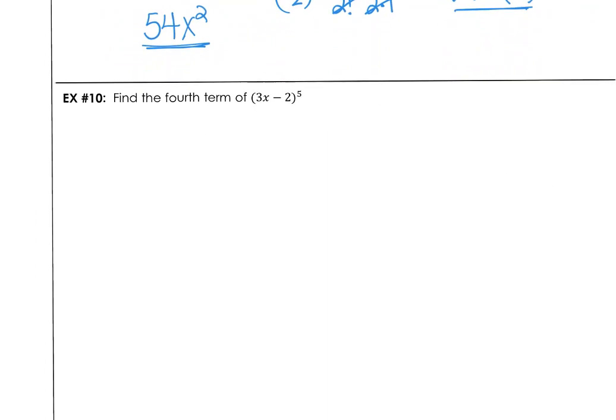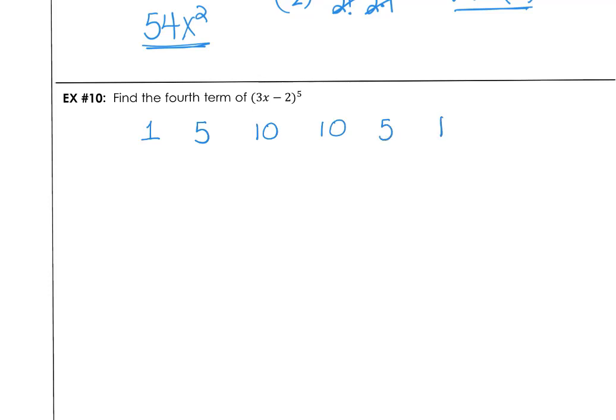Find the fourth term. And the fourth term, if we did the combination, would be, let's see, the fifth row is 1, 5, 10, 10, 5, 1.